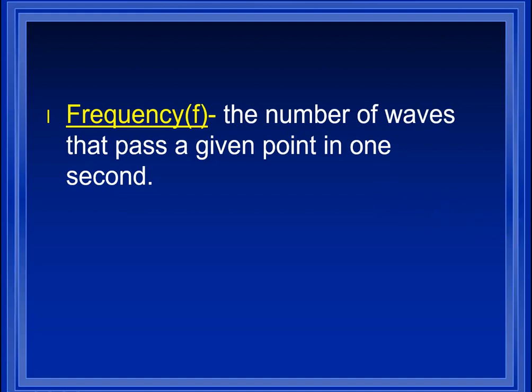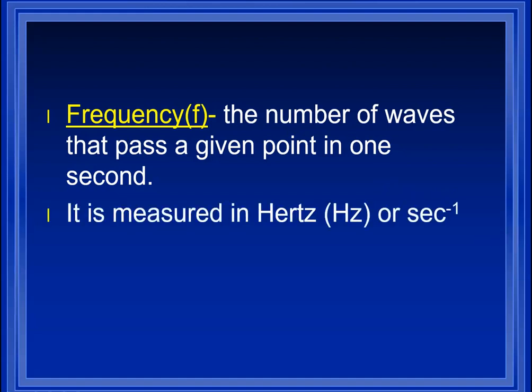And so the unit for that is called per second, or seconds to the negative 1, for those of you that have learned that in your math classes, or it's called hertz. So hertz is the unit of per second. So we just put Hz for hertz. So frequency is measured in hertz, or per second, or seconds to the negative 1.